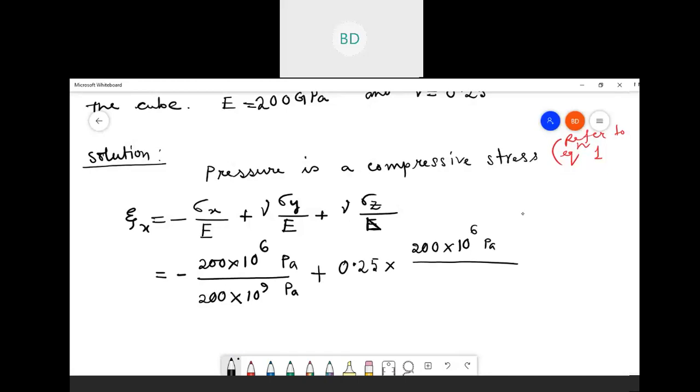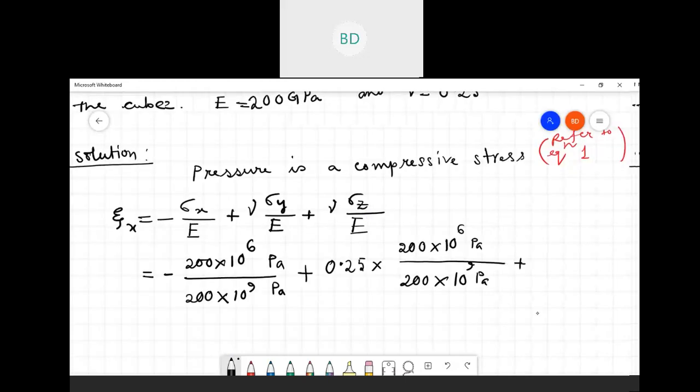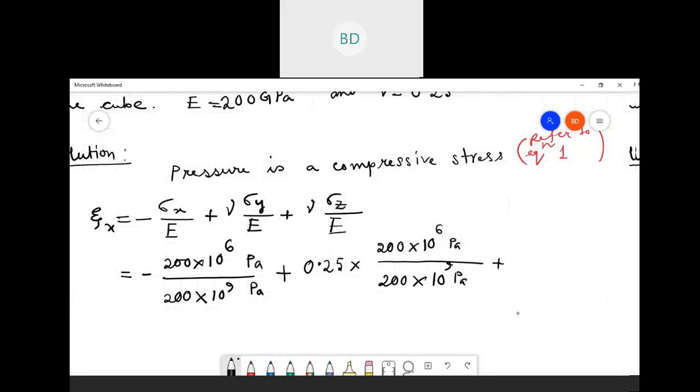So it will be 200 into 10 to the power 9 Pascal, plus again 0.25 into 200 into 10 to the power 6 by 200 into 10 to the power 9.